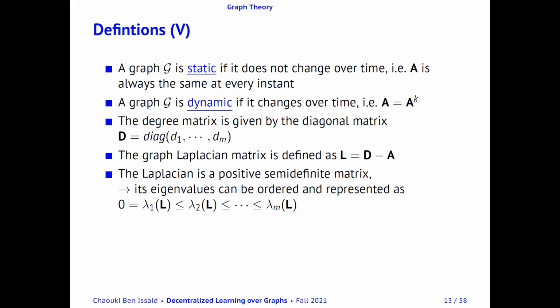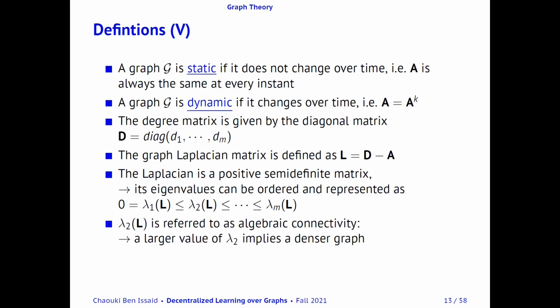The second smallest eigenvalue of L is known as the algebraic connectivity, which is lambda 2 of L. A larger value of lambda 2 implies that we have a denser graph. Finally, if lambda 2 is strictly positive, then we know that the corresponding graph is connected.